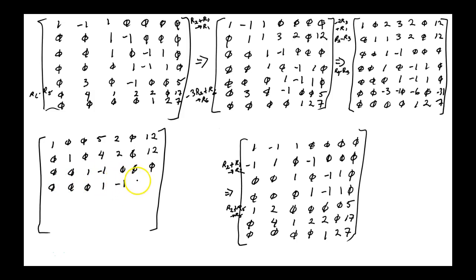Is that a 1? And a 0. Is that right? Row 4 minus row 3.